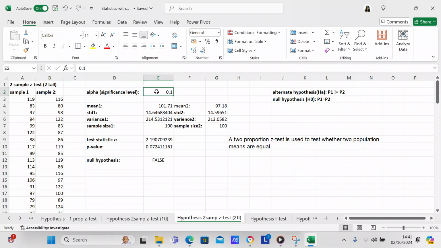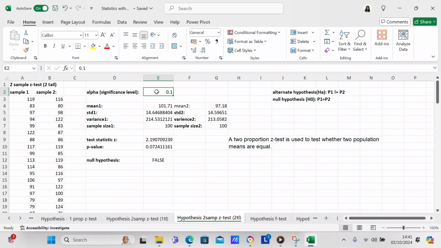So it's giving us a false null hypothesis, which means that we cannot accept the null hypothesis, because the means of sample 1 and sample 2 are not the same. And so you would accept the alternate hypothesis.